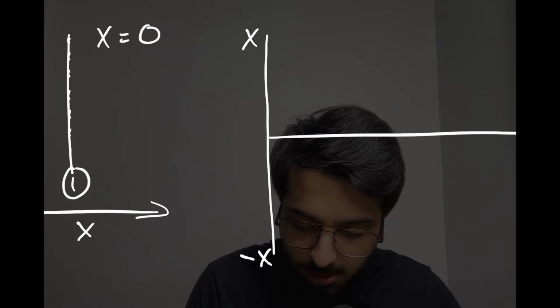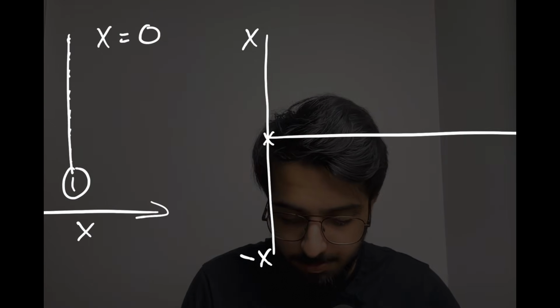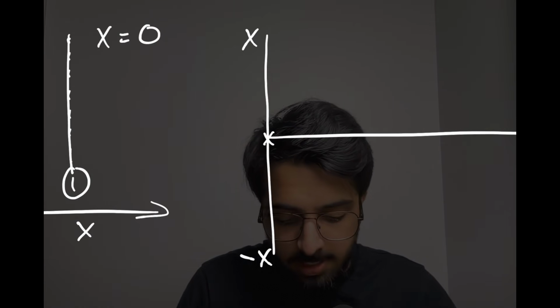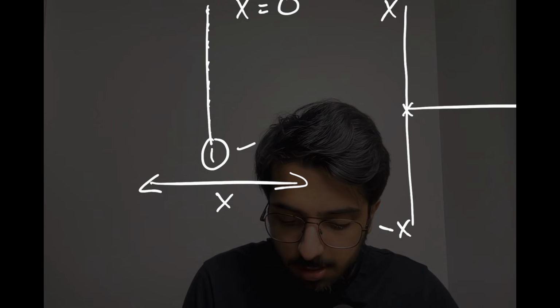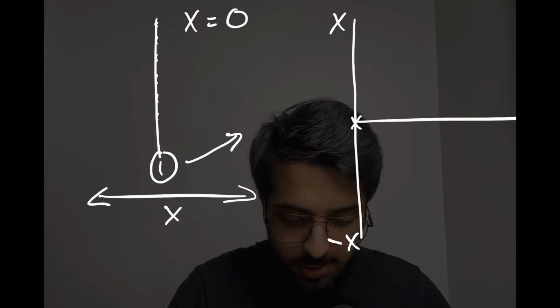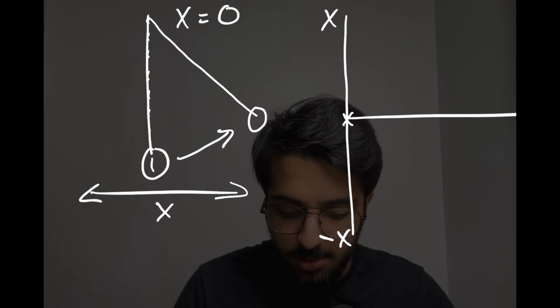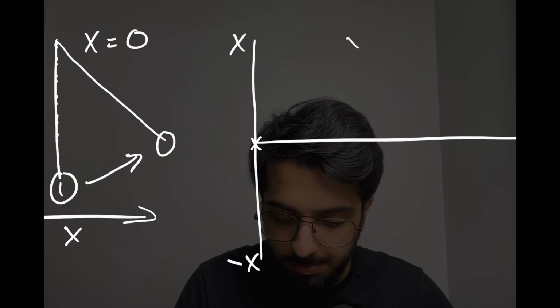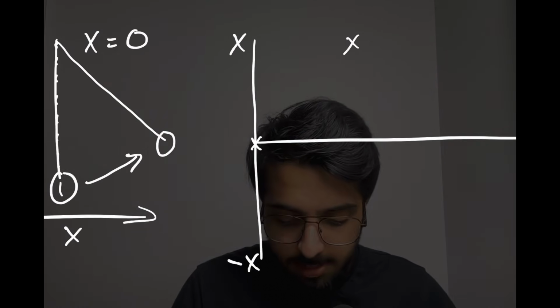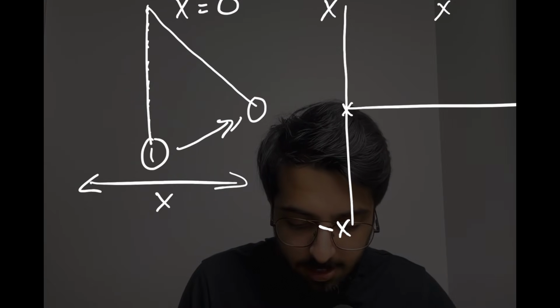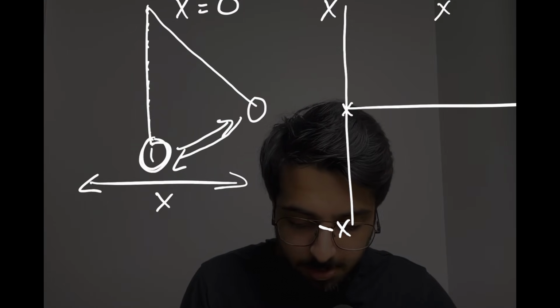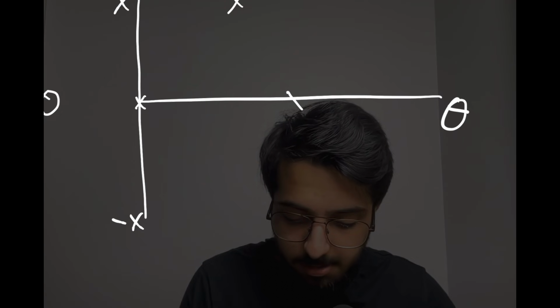So we're going to start over here at x is equal to 0. Then let's say it moves this way. As it moves that way, it's going to go to max displacement, so max displacement is up here. Then we know it's going to come back to the mean, so it's going to come back right here.